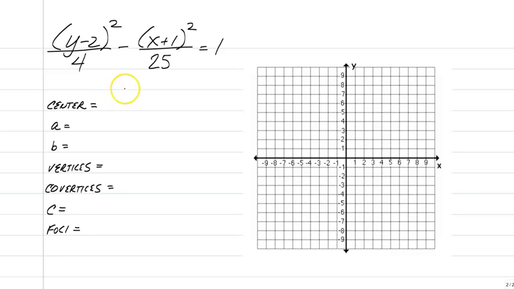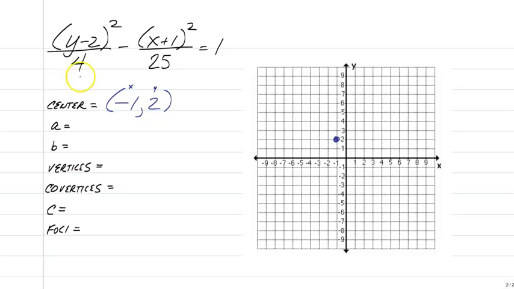So in this case, the center is -1, 2, and we know that because you have to pay attention. This is our x, so the -1 goes in the x spot, and the 2 goes in the y spot. We don't get to change x and y just because of which one goes first. So we're going to go to -1, 2, we're going to plot a dot.